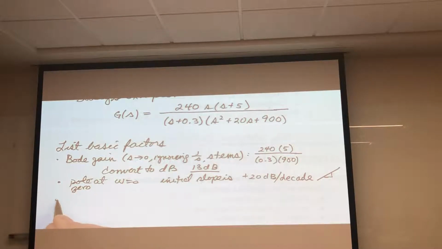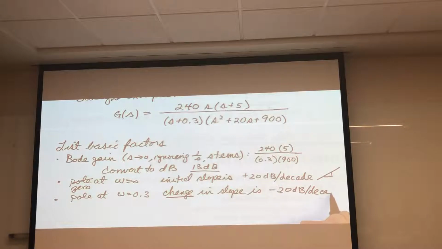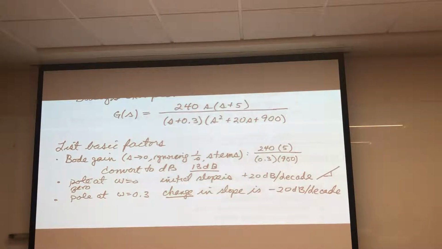I've got a pole at omega equal to 0.3. So what that means is that the change in slope is negative 20 dB per decade.